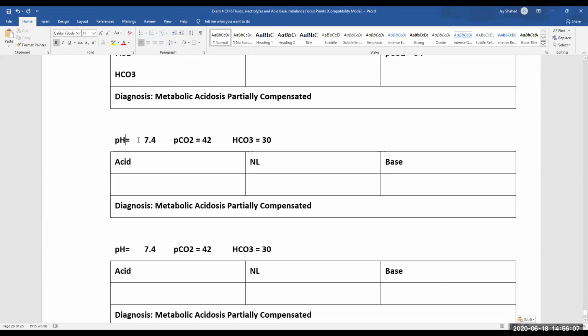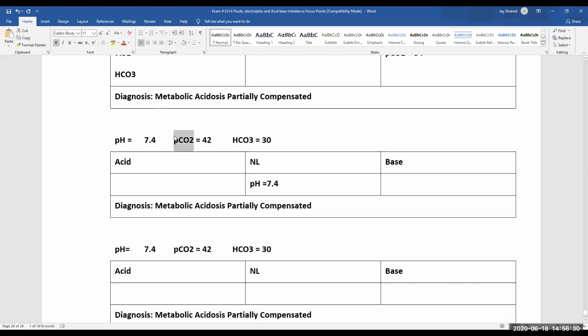All right. What's the pH? Normal, because it's exactly 7.4. All right. And PCO2 is what?